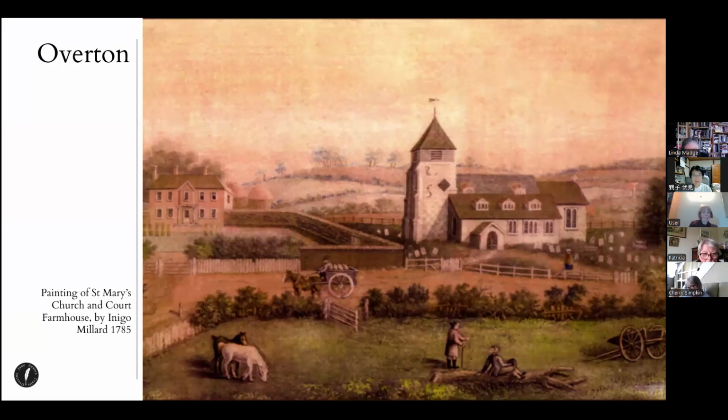Overton was described as a neat little town in the Universal British Directory in 1798. It had a population of about 1,100 and 300 homes, which made it a much larger settlement than Steventon, Ash and Dean, and about half the size of the town of Basingstoke, 8 miles away.